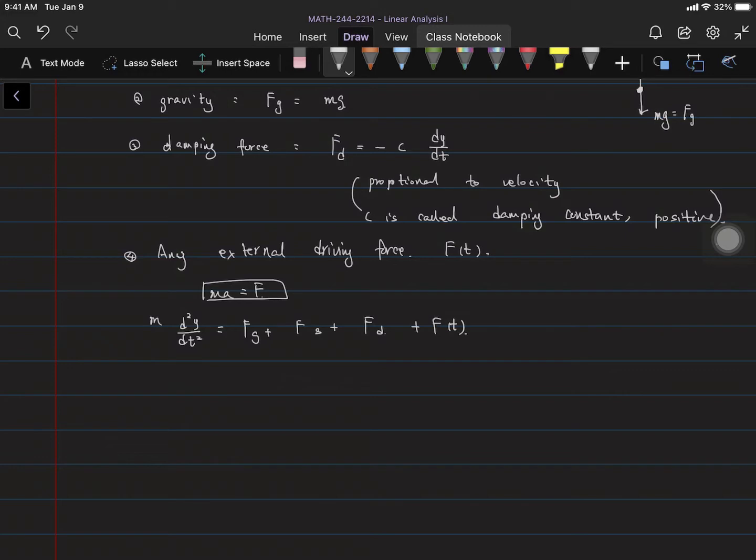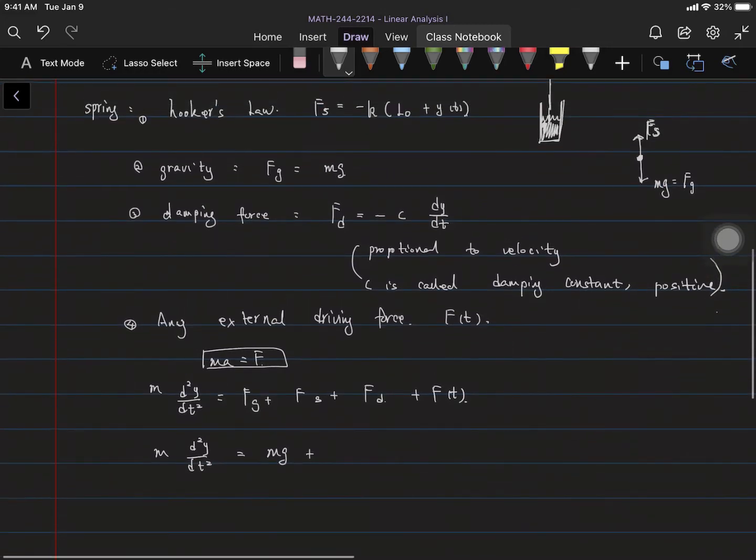Now we plug in all the forces. So m d²y/dt² equals Fg, which is mg, plus Fs, which is negative k times (L0 plus y). We just write y here, meaning the function we are going to solve.